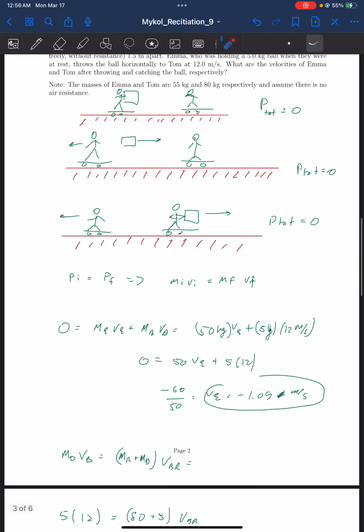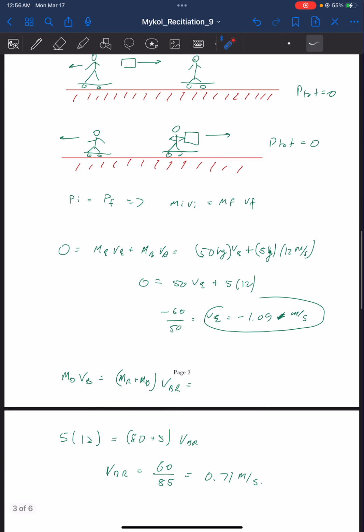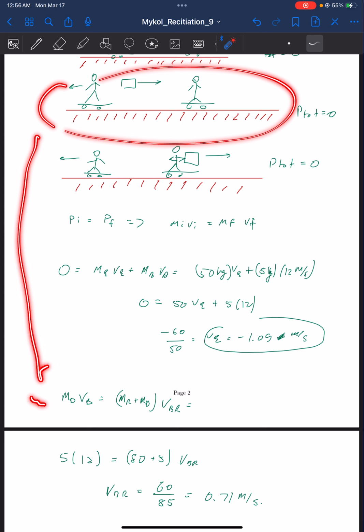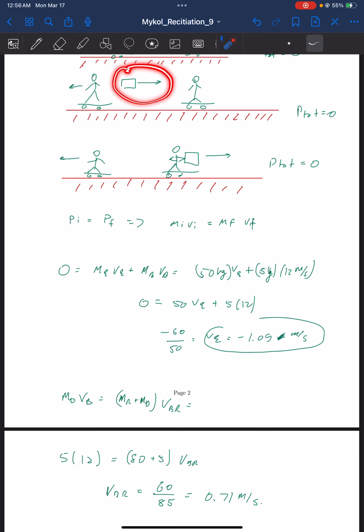Now, we need to calculate the velocity of Tom, and to do that, we're going to compare the momentum conservation between this scenario and this scenario. Again, in both cases, total momentum is 0, no external forces altering anything like that. And so in this scenario, we have a mass of ball times the velocity of the ball, which means we're focusing on these two parts of the system, and how they end up affecting this final scenario.